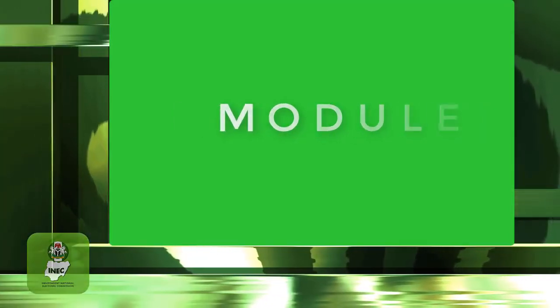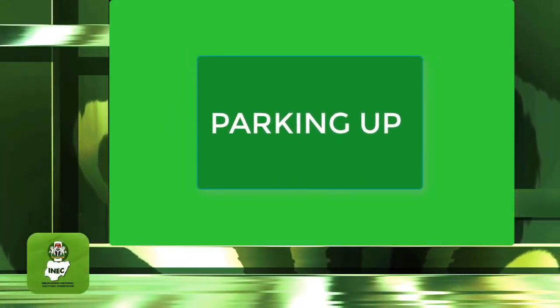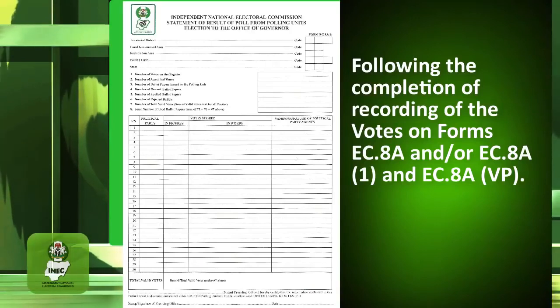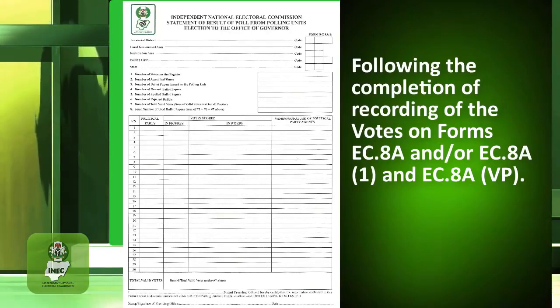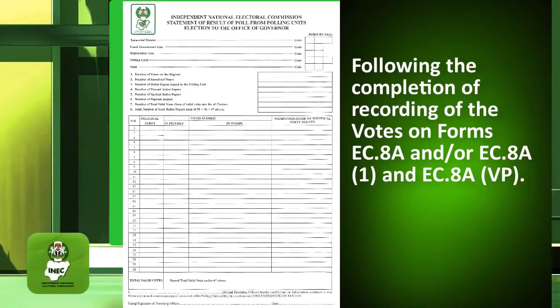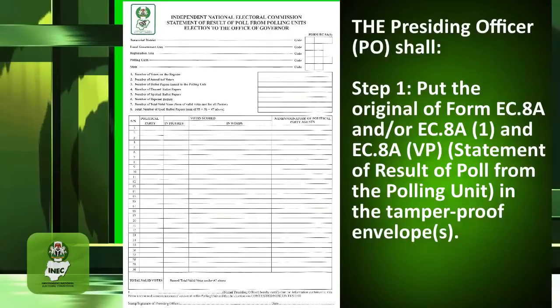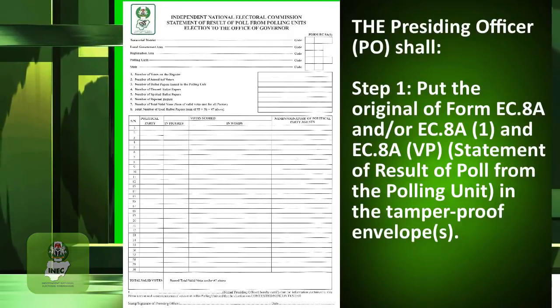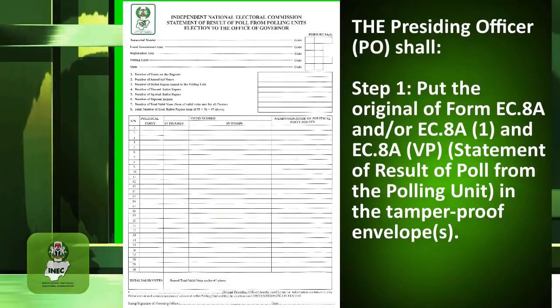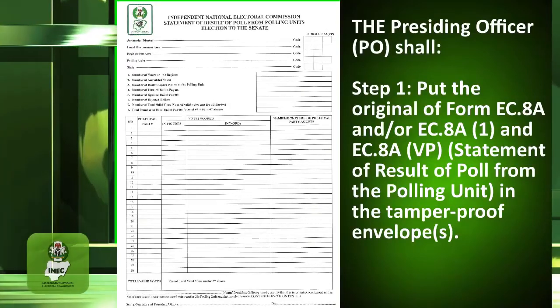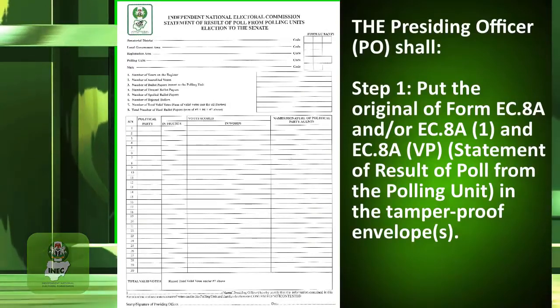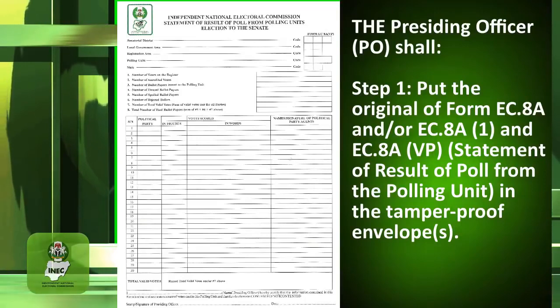Module 10. Packing up. Following the completion of recording of the votes on Forms EC8A and/or EC8A1 and EC8A VP, the presiding officer (PO) shall, Step 1, put the original of Form EC8A and/or EC8A1 and EC8A VP, statement of result of poll from the polling unit, in the tamper-proof envelopes.